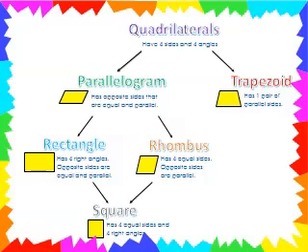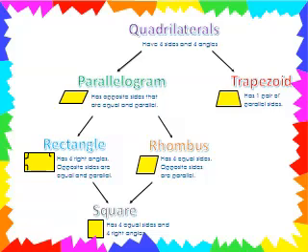So let us just try to make this sketch. Here we have a quadrilateral that has 4 sides and 4 angles. We have the parallelogram and the trapezoid. A parallelogram has opposite sides equal and parallel, while the trapezoid has only one pair of parallel sides. From the parallelogram, we can say that a rectangle is a parallelogram with 4 right angles.